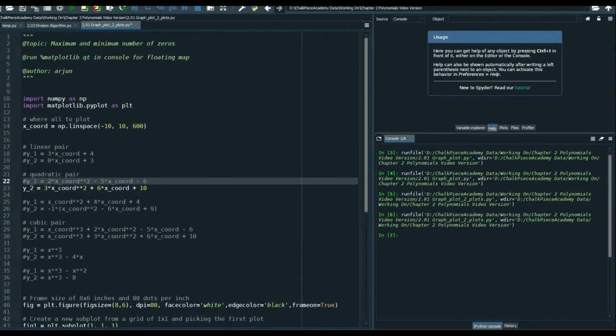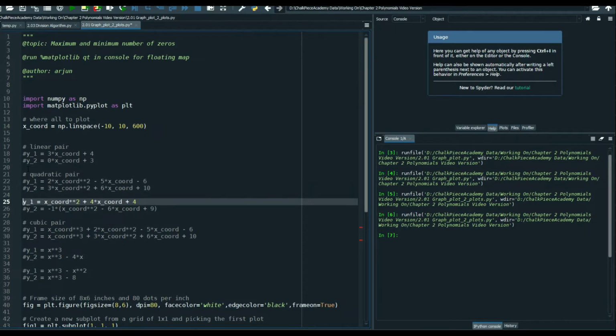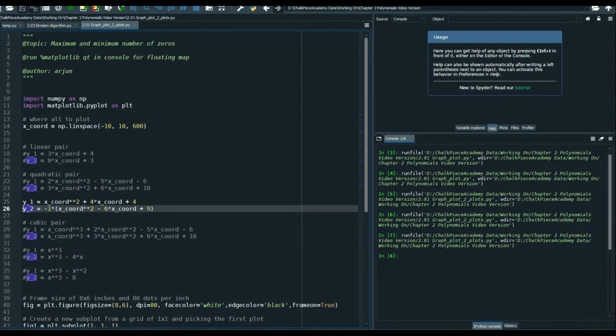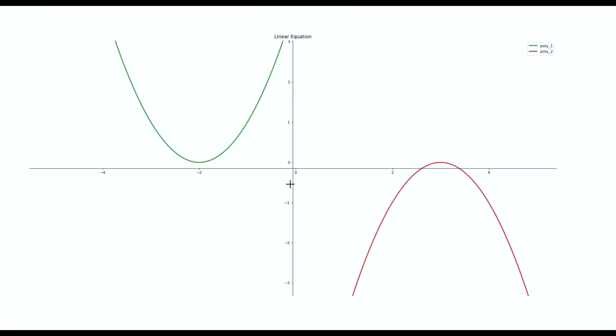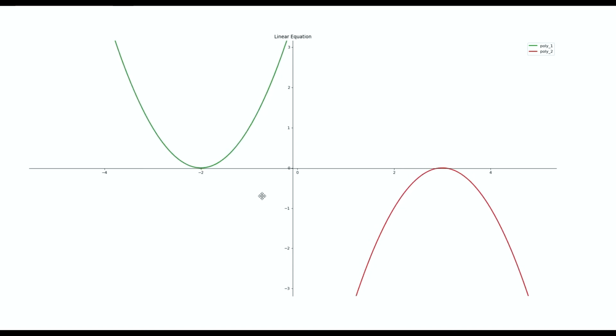Let me block this, unblock this, and here if you see carefully, I need to rearrange this. Can you see that?